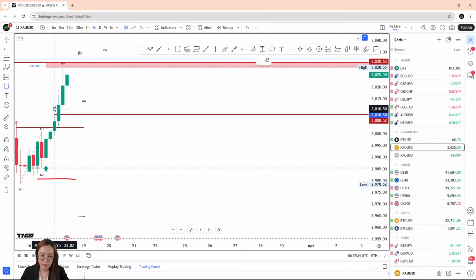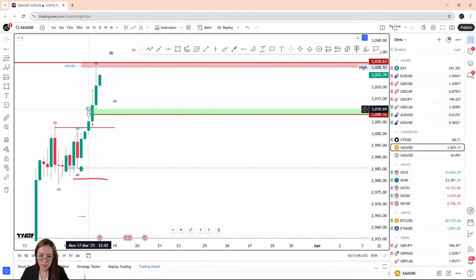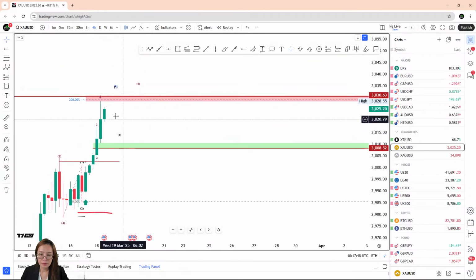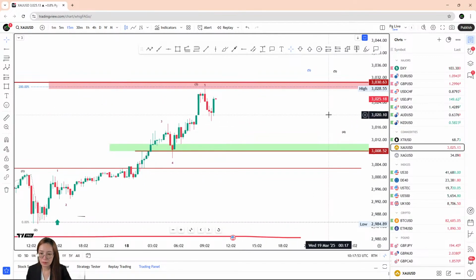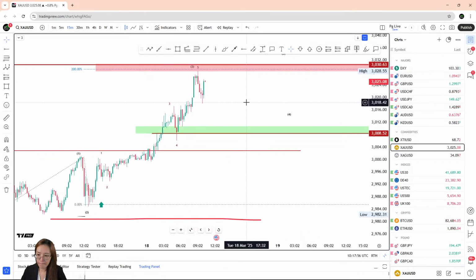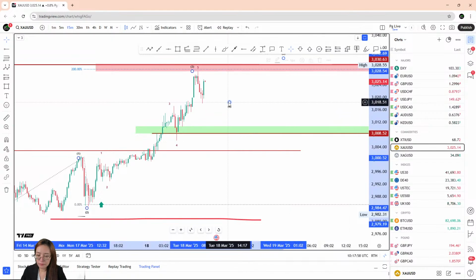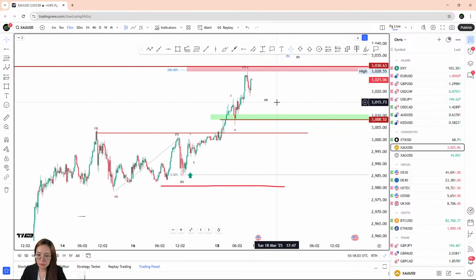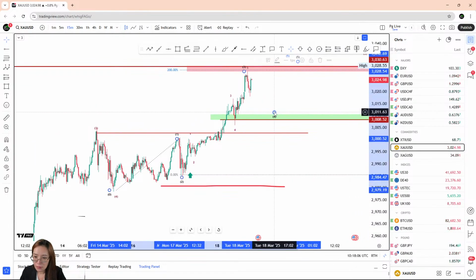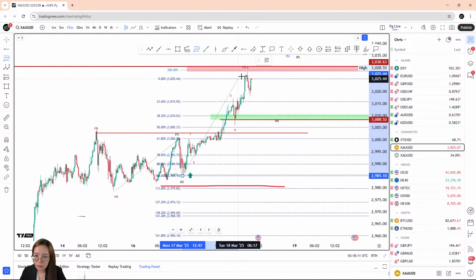Because we also have an FVG over here. There's an FVG here, a fair value gap at this level, but this is newly formed today, I think. I project this is going to be my wave 4, sorry.